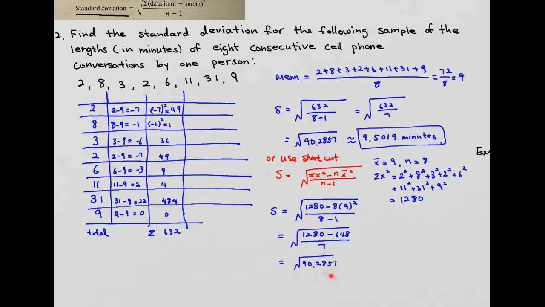Not always are you going to get this exact value when we're using the shortcut. If we have a small number of data, the value is going to be closer when we're using the shortcut. If your data is larger, this difference is going to be more. But right now, because the data is small, we have about the same value.